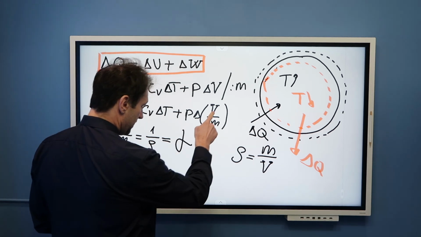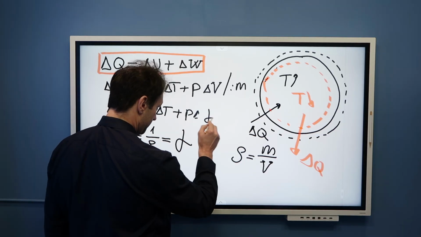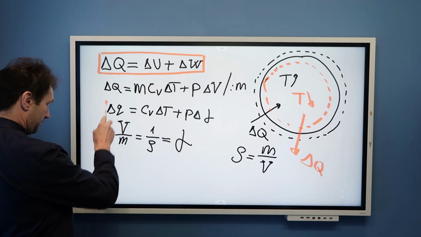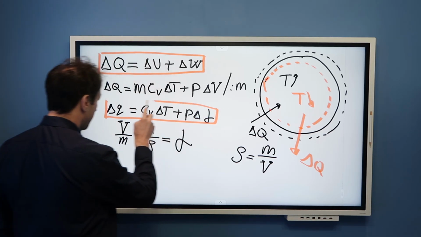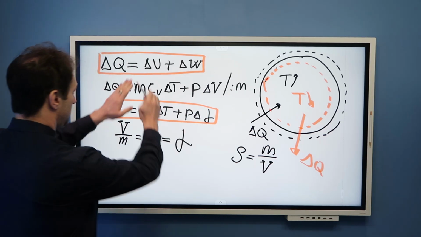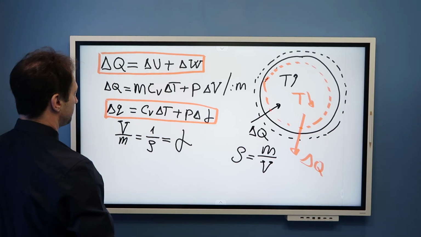So this over here, therefore, is simply delta alpha. And this is the first law of thermodynamics per unit mass when the internal energy and work terms are expanded.